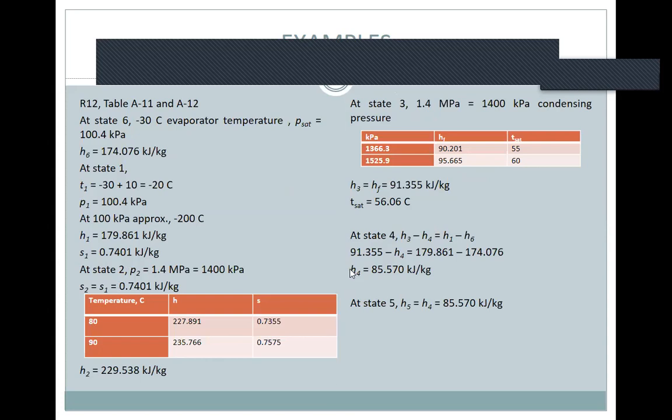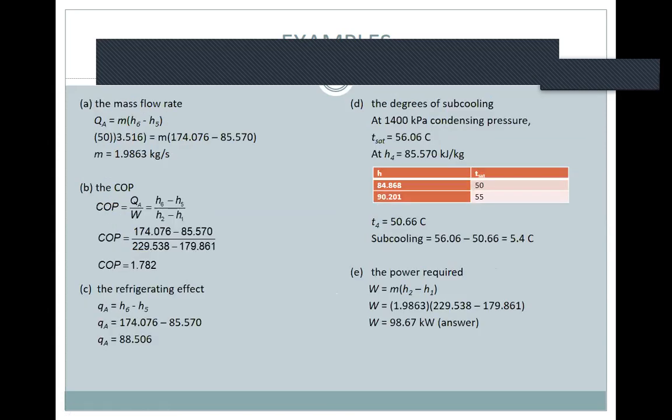So 91.355 minus H4 is 179.861 minus 174.076. So H4 is 85.5706 kilojoule per kilogram. Also, H5 is equal to H4 is 85.57 kilojoule per kilogram. And now, solve na. Kompleto na tayo ng enthalpy.